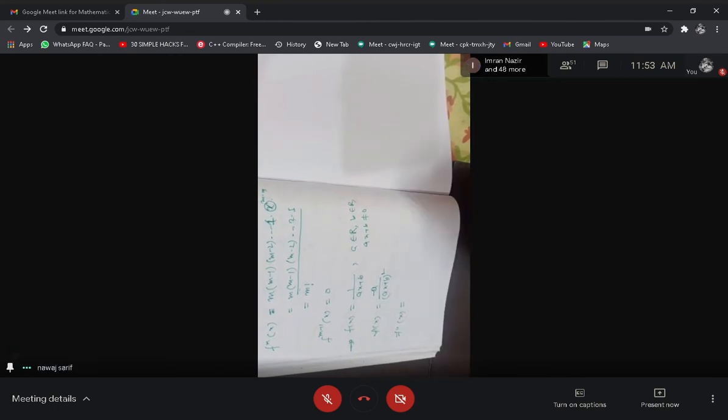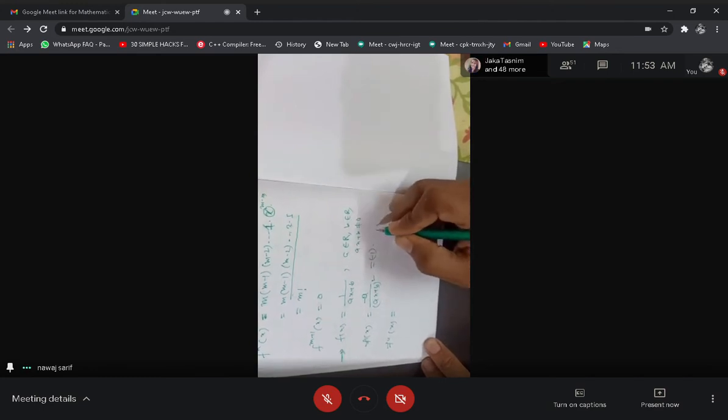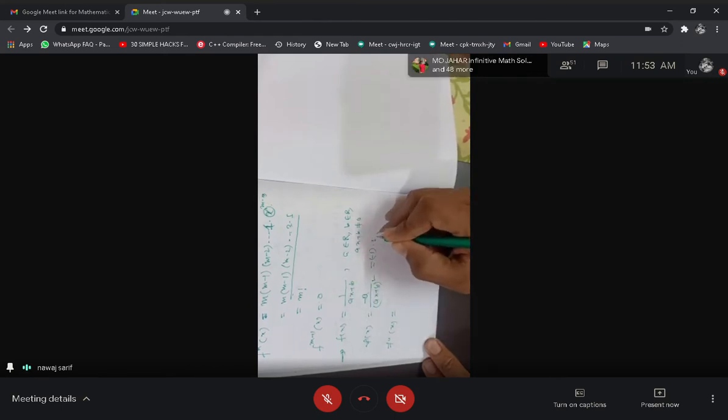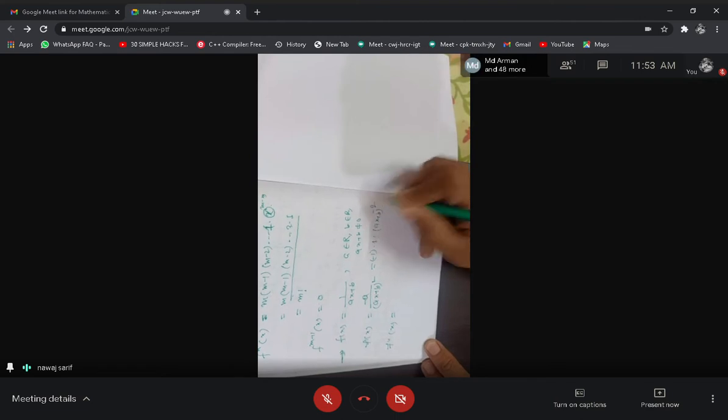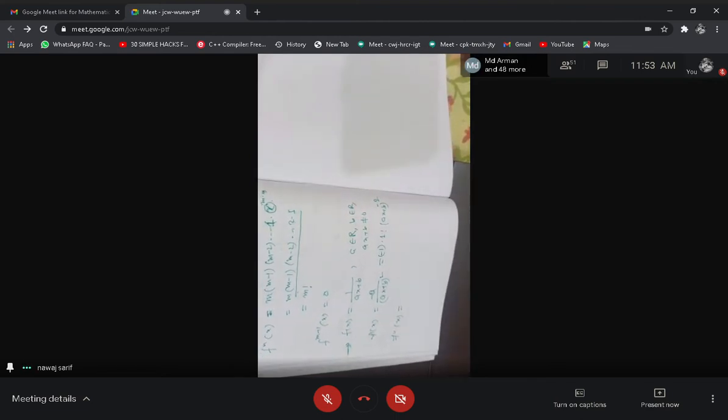Now you can write this as minus 1 into 1 factorial into a, and (ax plus b) to the power minus 2. Now find out what is f double dash x.